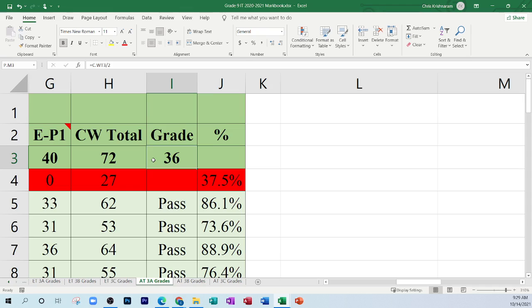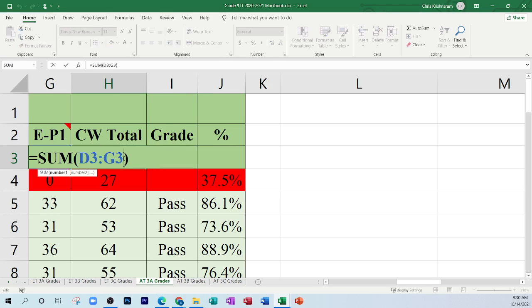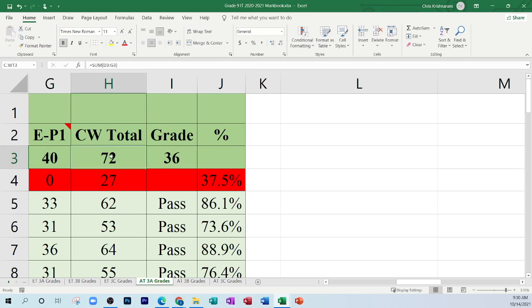So what I did was divide the total in half. Notice here I named my range. This is my grand total here, 72. The overall total of grades was 72. If you notice at the top left, I named it C.WT3, basically coursework total 3.